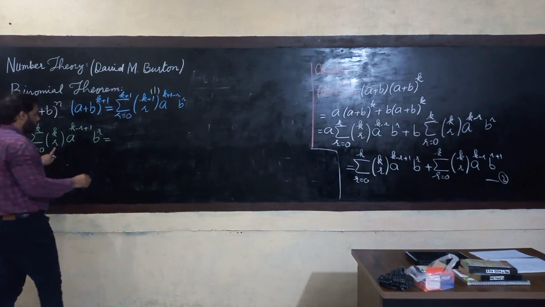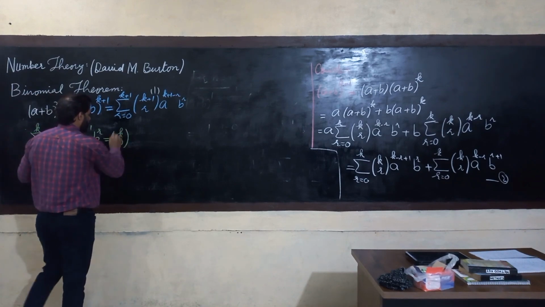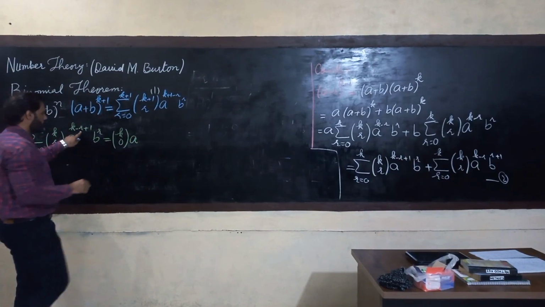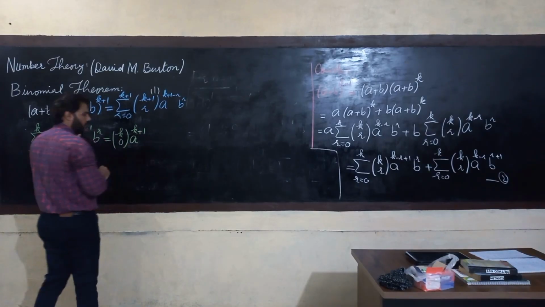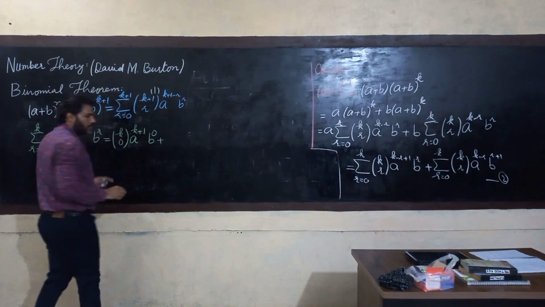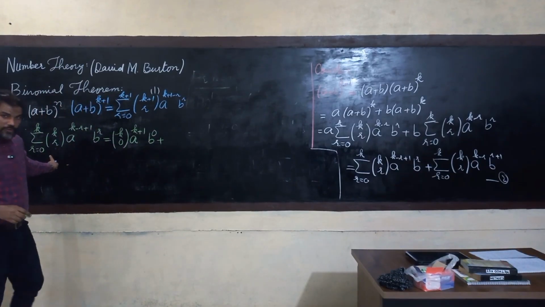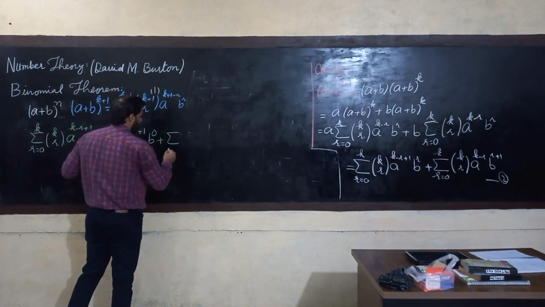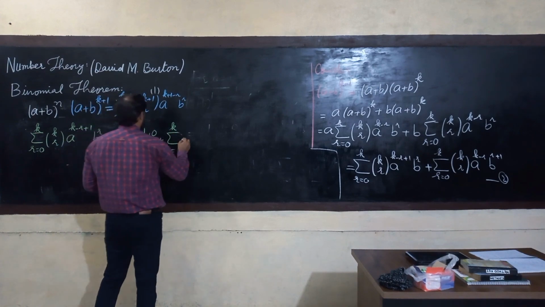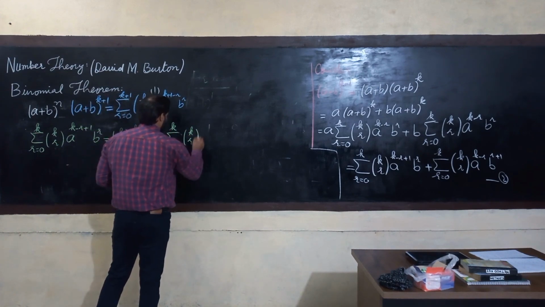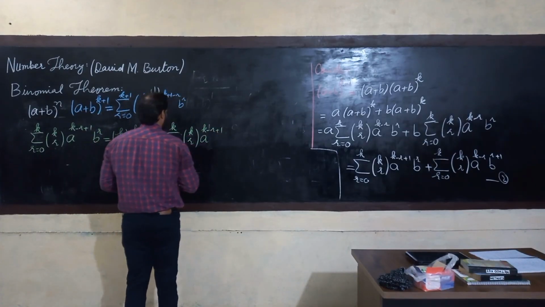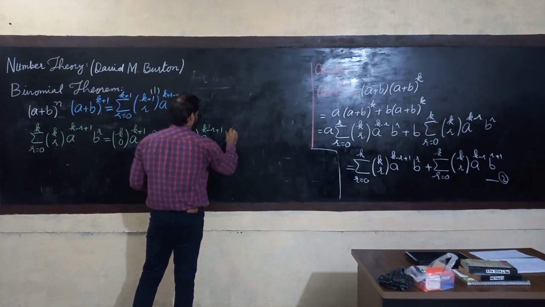If we put r is equal to 0 here, this becomes k choose 0, a raised to power, by putting r is equal to 0 here, a whole power k plus 1, and b raised to power 0, plus, and the remaining summation will start from r is equal to 1. So that can be written as r is equal to 1 to k, k choose r, a raised to power k minus r plus 1, b raised to power r.